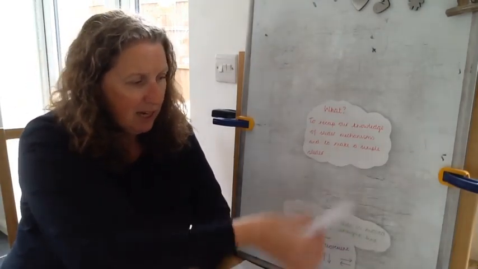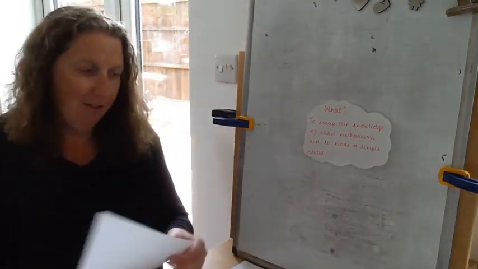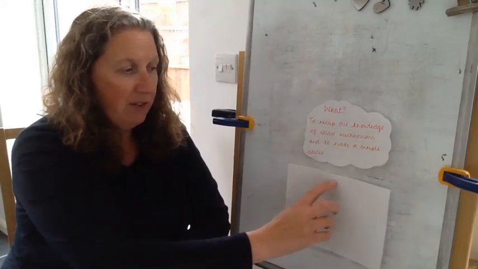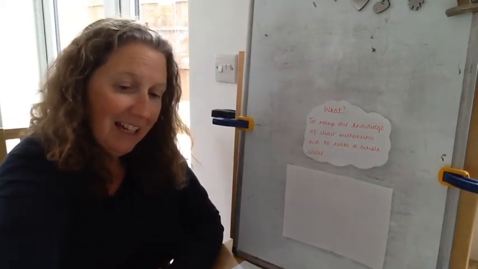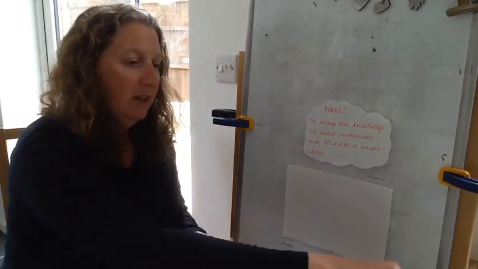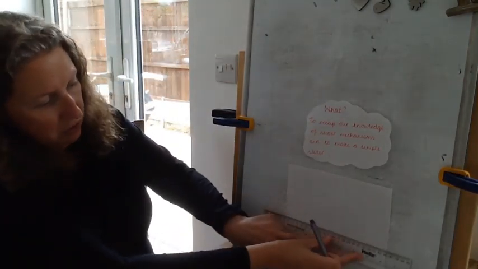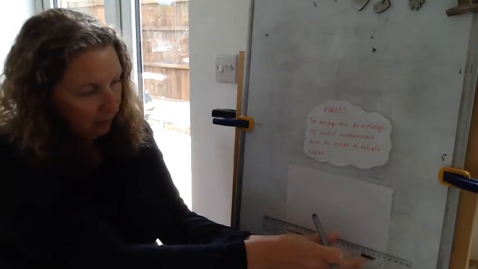So I'm going to take these off here like this, and I have got a piece of paper. You will need a piece of paper in order to create your slider. I have got a ruler, and I am going to draw a line. I'm going to do it along the bottom like this.